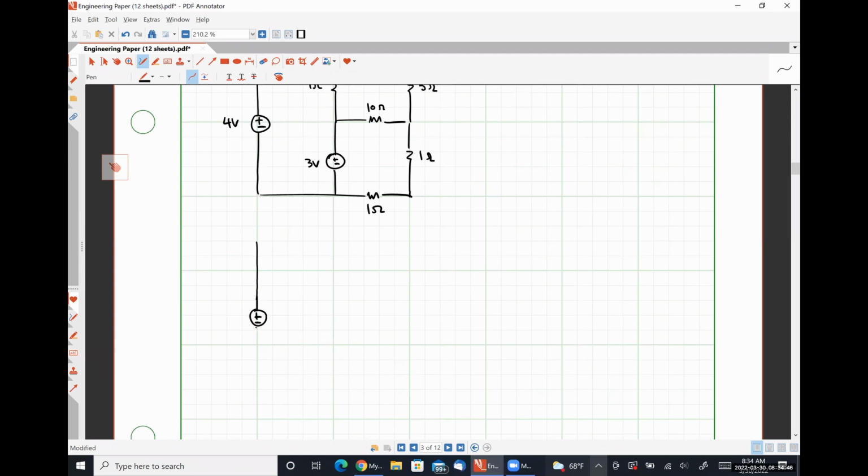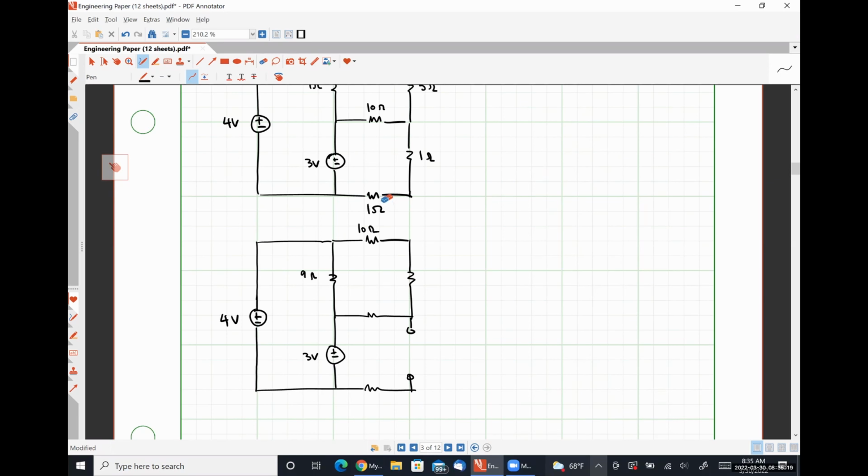I'm going to redraw my circuit with that 1 ohm resistor taken out, like so, where this is 9, and sorry, this bottom one here should have been a 10 ohm, not a 1 ohm. It's my mistake.